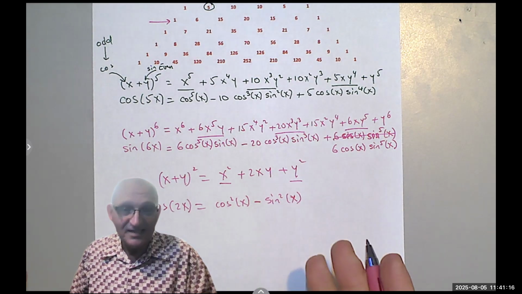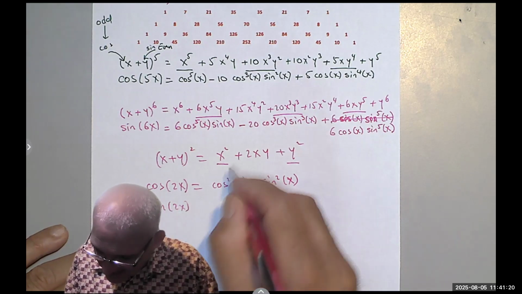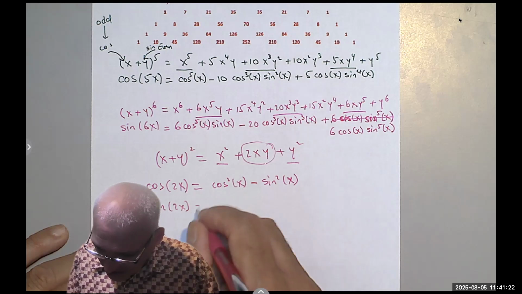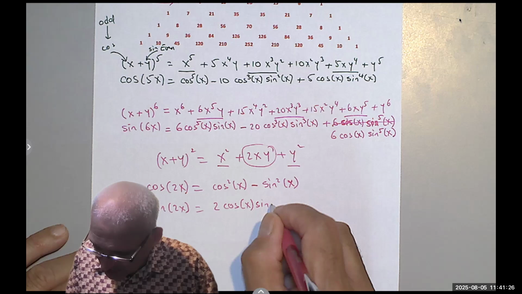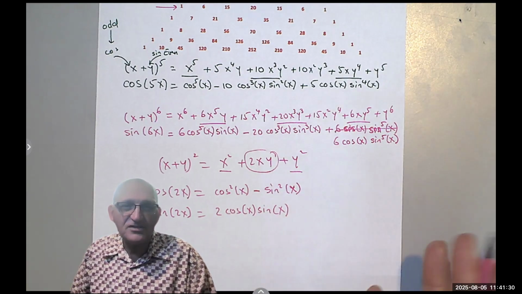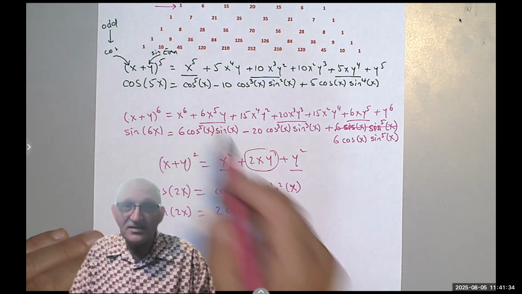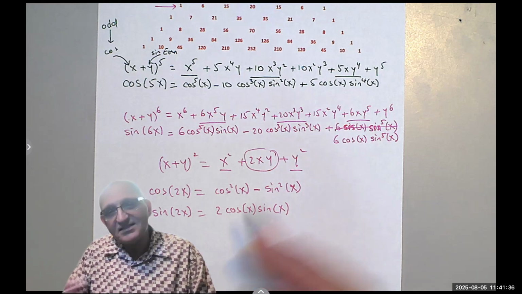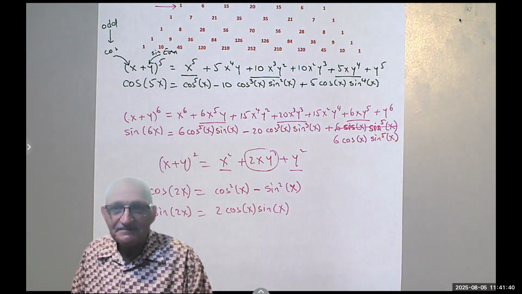Everybody knows that, right? And if I want to say sine of 2x, I take the second term, which is 2 cosine x sine x. I know that you learn it as 2 sine x cosine x, but here, since we write the x first, if you want, make that y plus x to the sixth and y plus x to the fifth, and you will get the sine before the cosine. But it really doesn't matter.